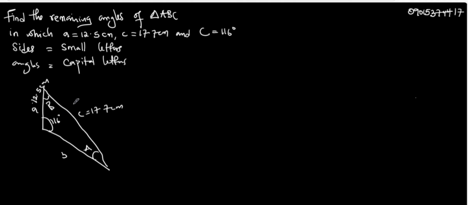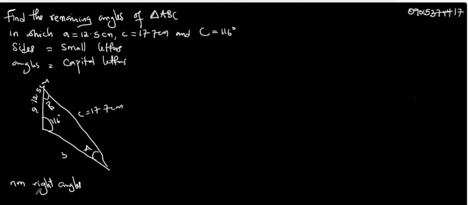Now, how do I know to use sine rule? Sine rule or cosine rule are used to find angles or sides of non-right angled triangles, triangles that are not right angles, right?